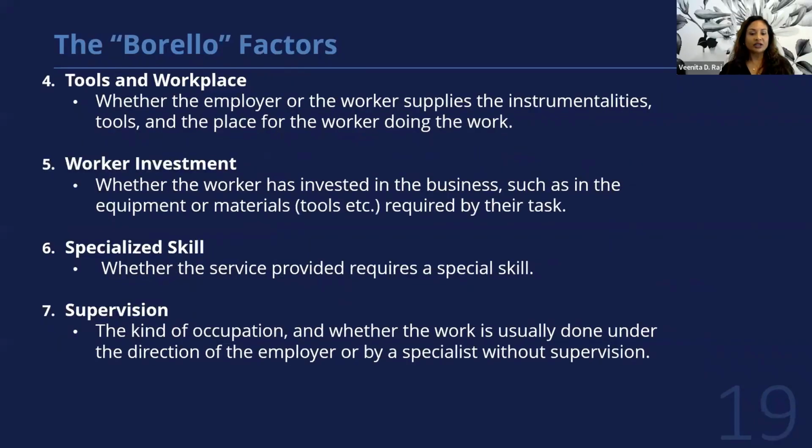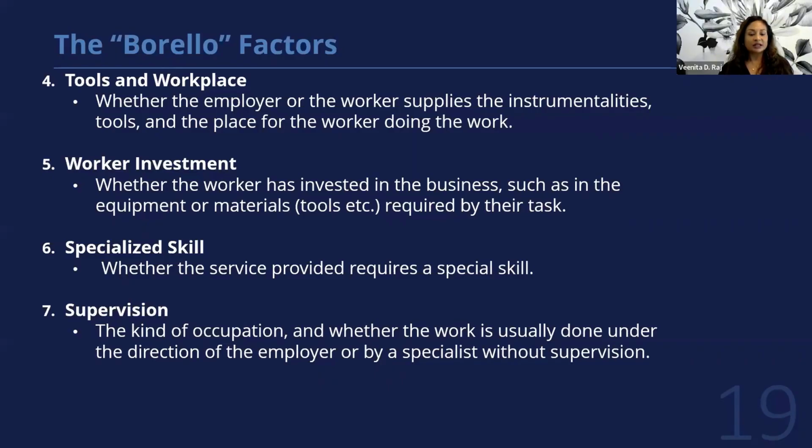The fourth factor is the tools and workplace. Does the employer or the worker supply the instrumentalities, tools, and the place that the work is being done? Fifth factor is worker's investment, whether the worker has invested in the business, such as, again, buying their own equipment, materials for the task that they're going to be doing.